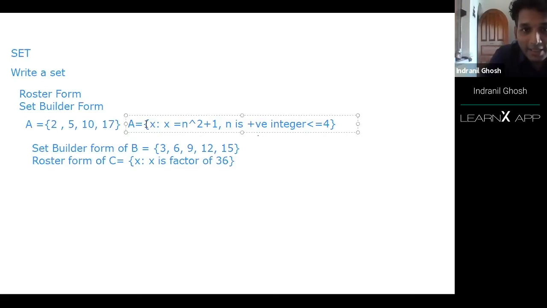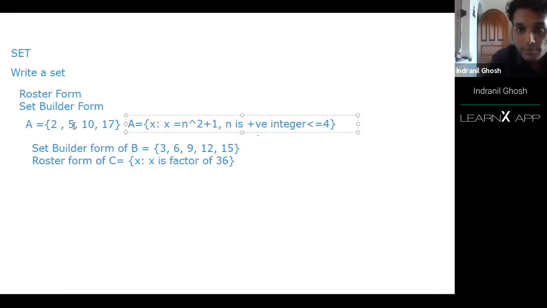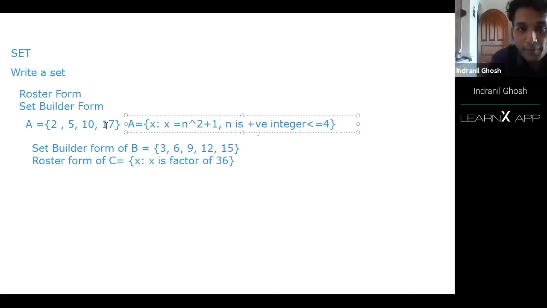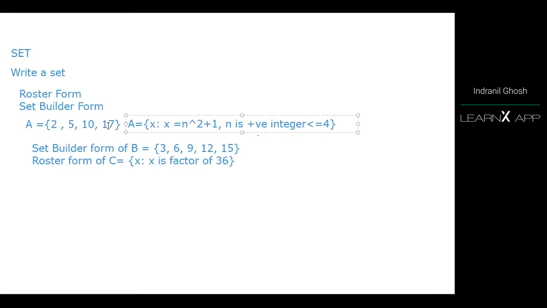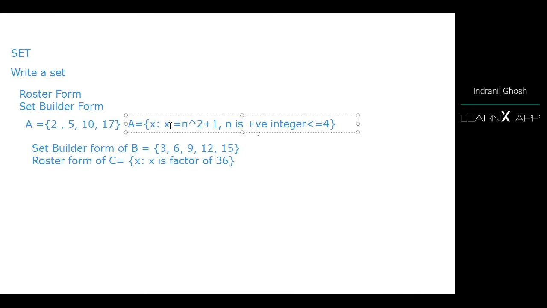That A is the set of x when x equals n square plus 1, where n is a positive integer less than or equal to 4. The first number is what? 1 square plus 1. Can we say that? Yes, sir. Okay, second number, 2 square plus 1. Yes, sir. Third number is 3 square plus 1. Yes, sir. Check, fourth is 4 square plus 1. So every number is the square of its rank plus 1. The first one is 1 square plus 1, the second is 2 square plus 1, and so on. So we can write it as the set of x where x is n square plus 1.